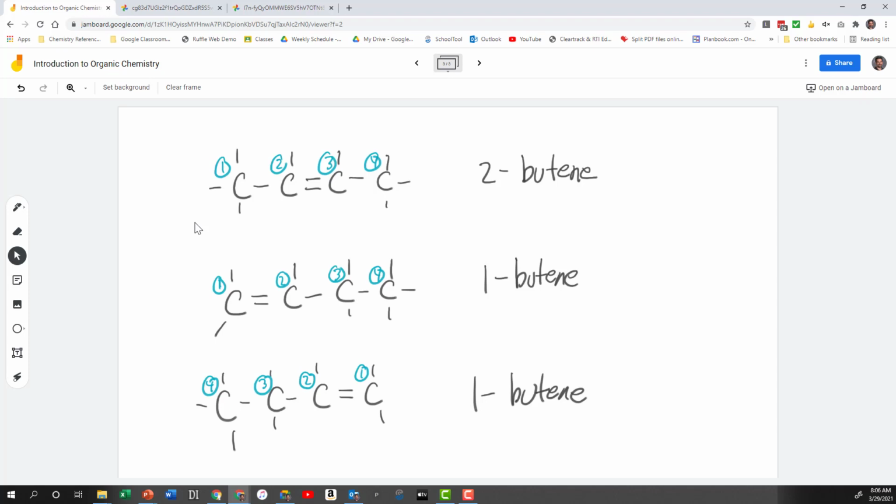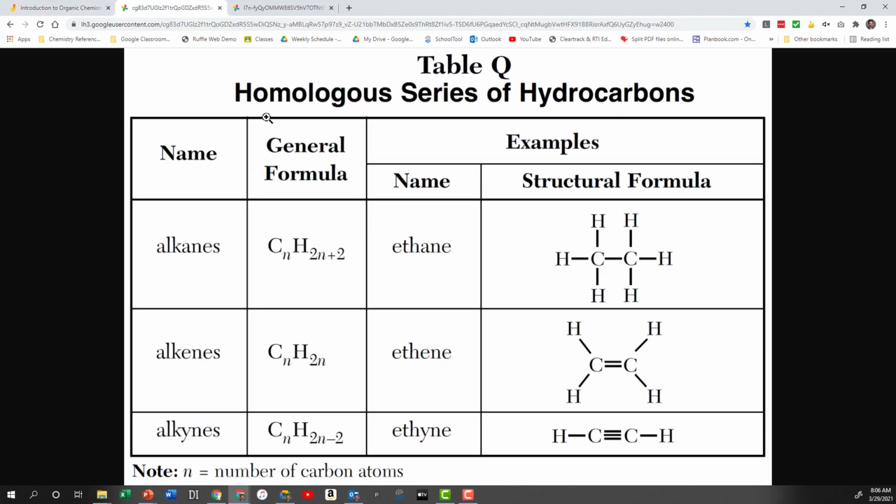Okay, and then the last type of what they call the homologous series of hydrocarbons is the alkynes. The joke is that it takes alkynes to do chemistry.